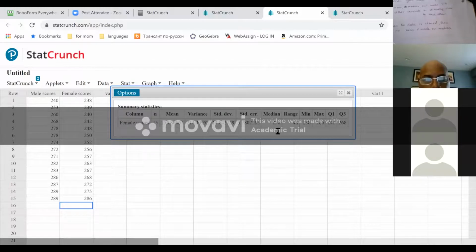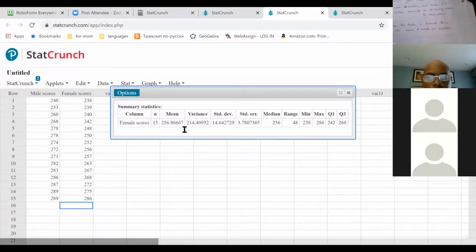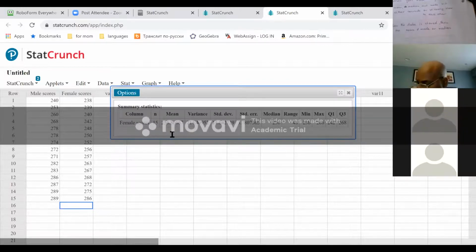And look at the median, it's 256, exactly. Look how close the mean and the median are. The mean calculates every single value, so in the case of symmetric data, the mean is more accurate. It's the average.